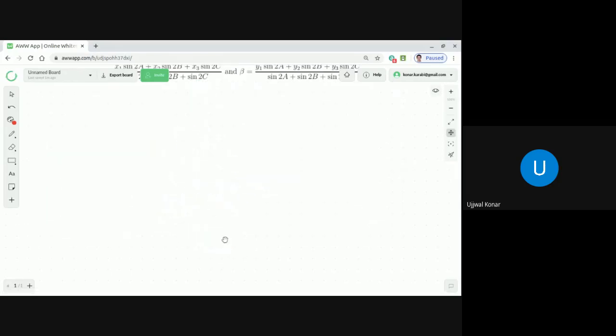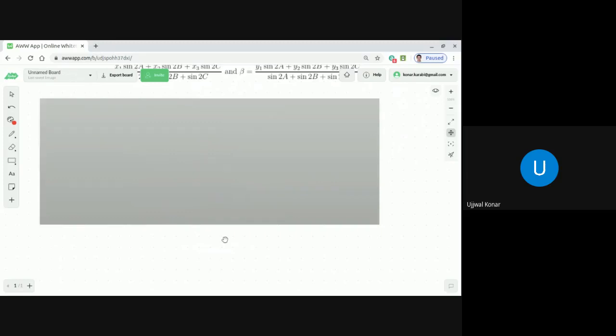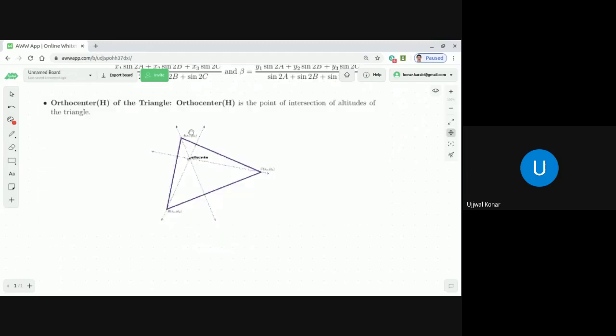Let us consider the triangle as you see, dear students. This is the triangle in blue color, with vertex A having coordinates x1, y1, vertex B having coordinates x2, y2, and vertex C having coordinates x3, y3.